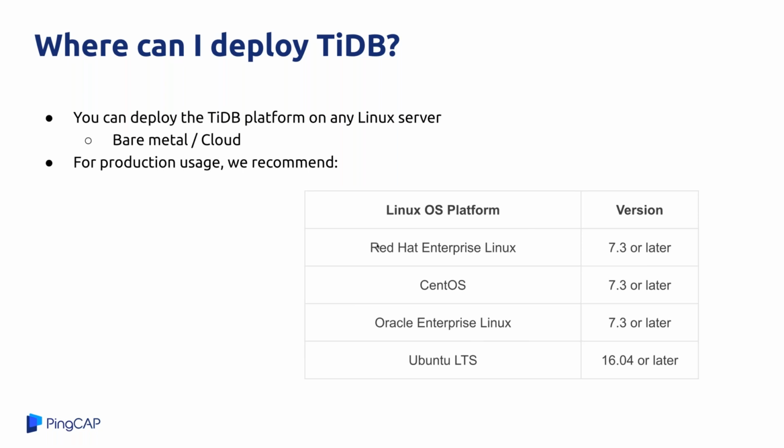For example, we only support Red Hat Linux 7.3 or later, CentOS, Oracle Enterprise Linux, and Ubuntu 16.04 or later, because we use some APIs that the Linux kernel has to support, at least kernel version 3.10.